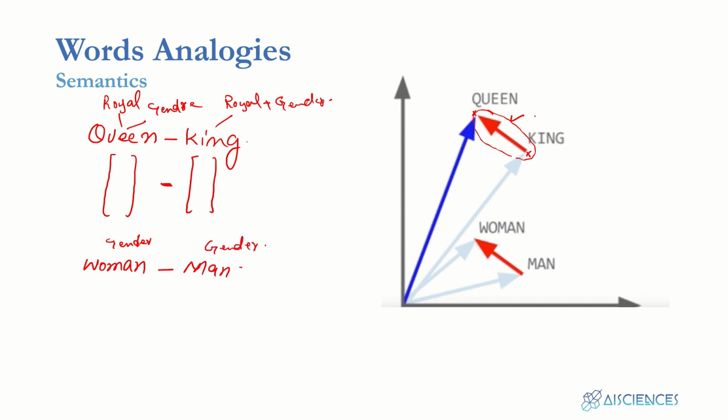When you subtract both, just think about the subtraction as subtraction in numbers. Royalty cancels with the royalty, and gender minus gender, here female minus male. Here, exactly, you're going to get the same vector, red vector here and red vector here.